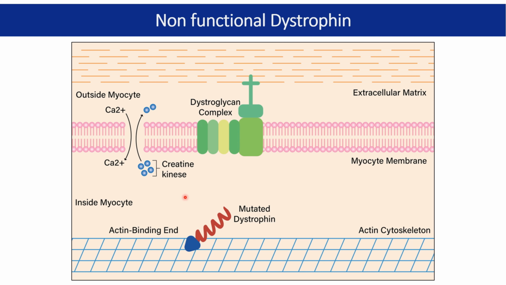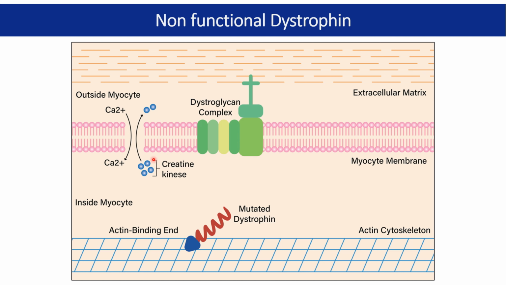Normally, by careful regulation of these calcium levels, these proteases only break down old and damaged proteins. However, in Duchenne muscular dystrophy, extremely high levels of calcium activate these proteases, which begin to break down many of the important proteins. So the myocyte dies, and necrosis happens.